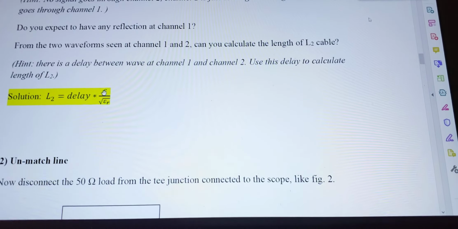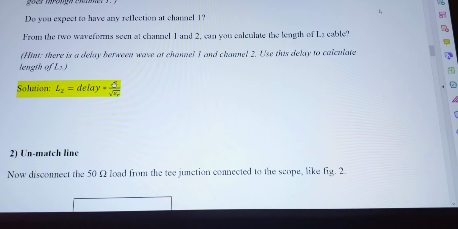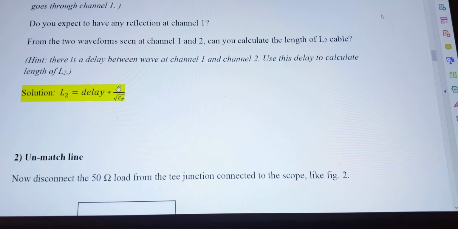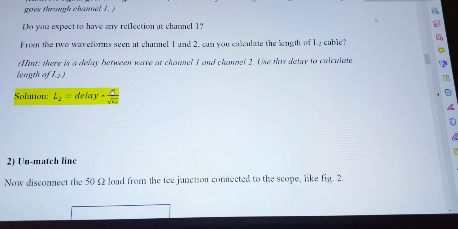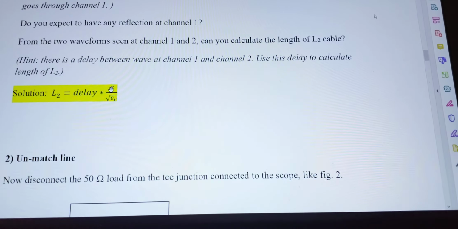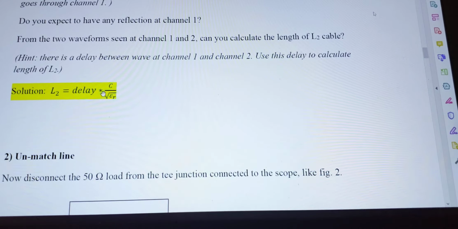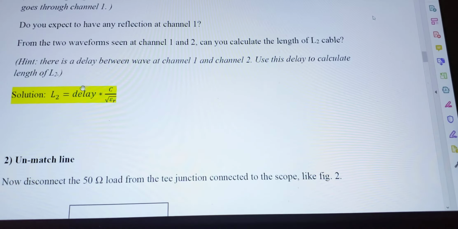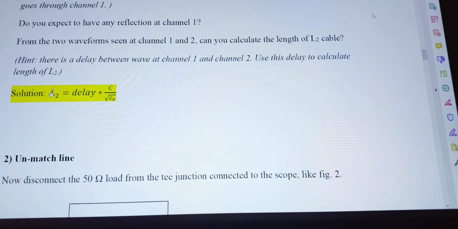Now, speed in mechanics, what is speed? Speed is distance per time, right? So when you multiply the speed by time, you will get the distance, which is the length here.